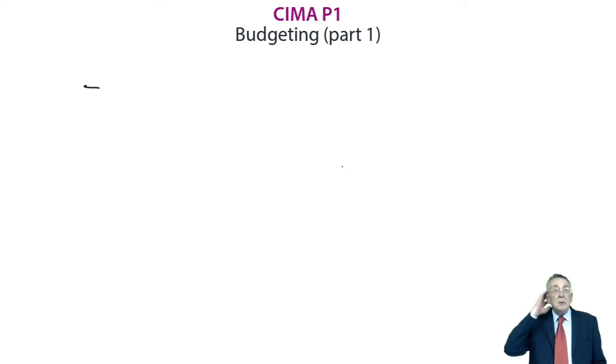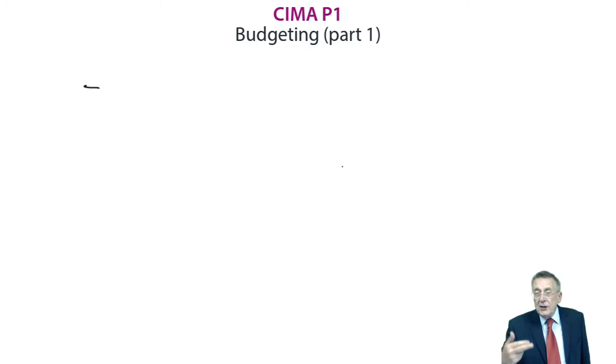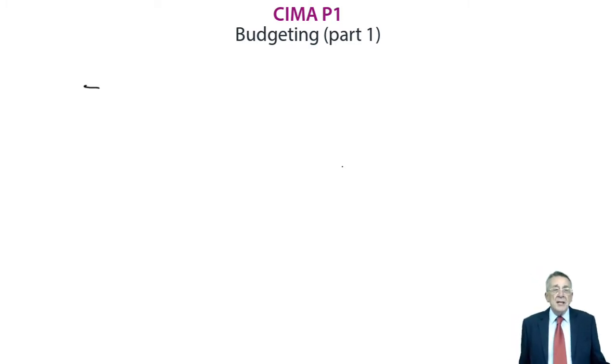But we do have to be careful. We want the budget to be challenging on the manager, but we don't want it to be impossible. It'd be ridiculous if you told your purchasing manager, right, we should be spending $5,000 a month on the wood, and the purchasing manager knows from the start that's completely impossible.